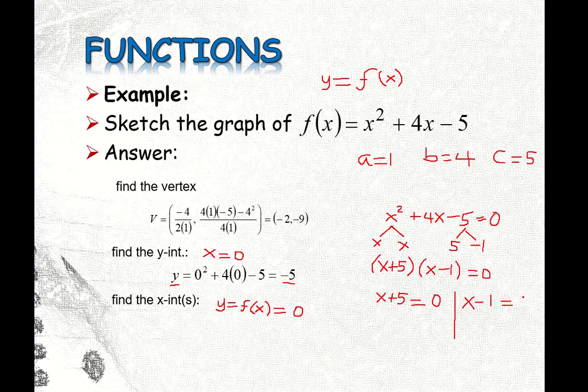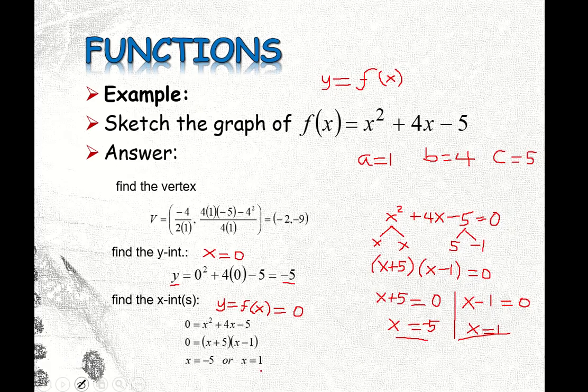Solving for x in each of these factors, you transpose 5 to the other side, so you have x equal to negative 5, and here you have x equal to positive 1. So that's it. We have x equal to minus 5, x equal to 1.